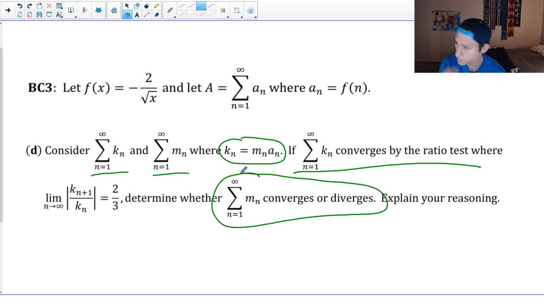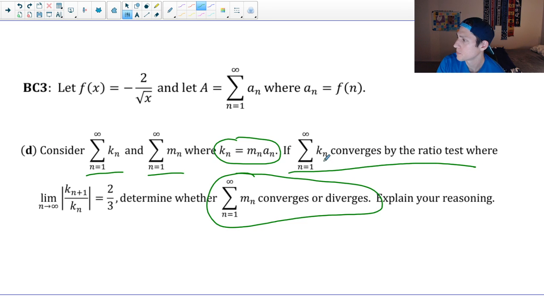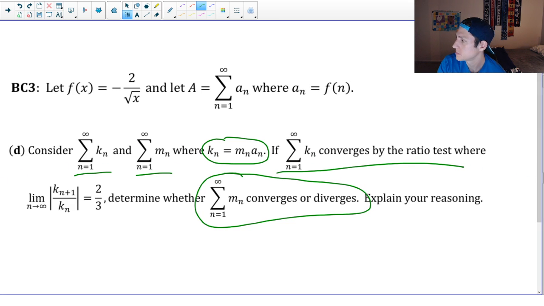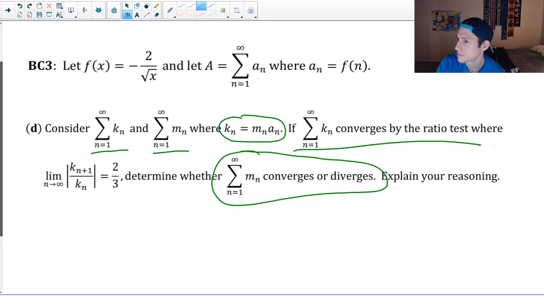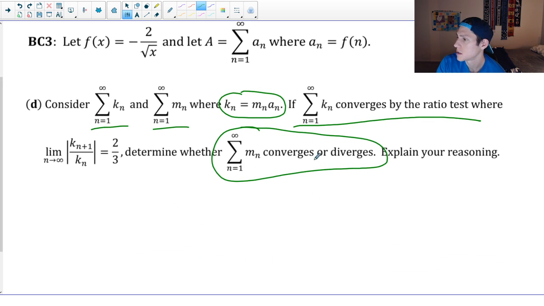Okay. Wow. That's a lot of stuff. All right, but our end goal is to figure out this series, whether it converges or diverges. Okay, so let's just start there.